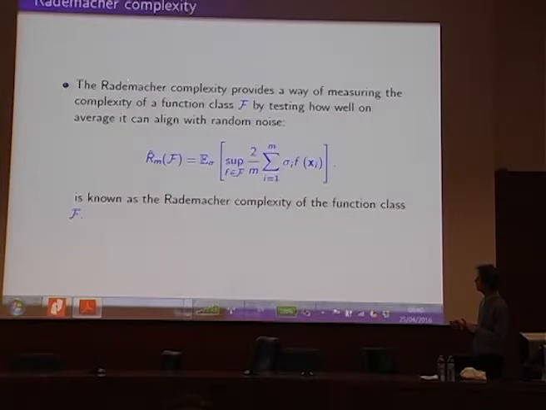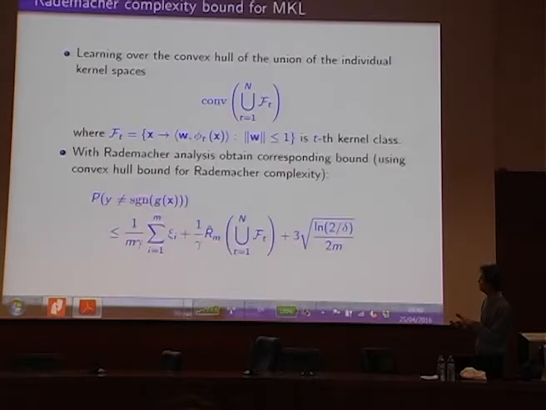The Rademacher complexity is the analysis tool that we can use to analyze that generalization. I'm going to skip through, but basically we get a probability of our classification error on a test point bounded in terms of these slack variables and this Rademacher complexity of the union of these spaces, which is the space of functions we can represent with individual kernels with bounded weights.